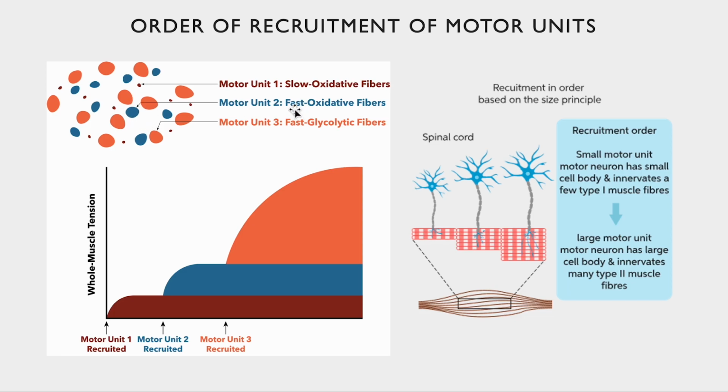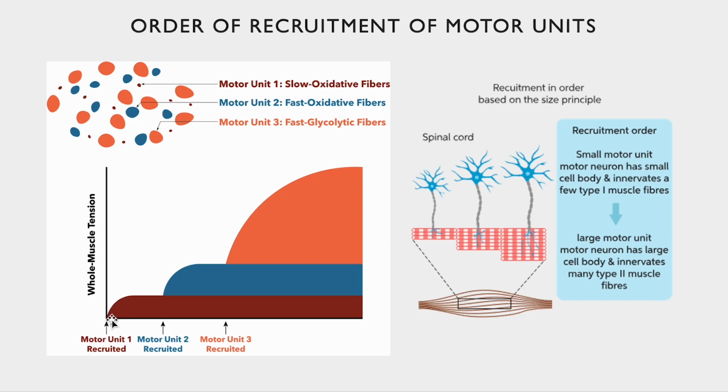Okay, these in blue contain a mixture of fast fibers, which are glycolytic, and oxidative fibers, which perform aerobic respiration. And then we have the motor units 3, which are very large, that contain mostly fast glycolytic fibers that perform mostly anaerobic respiration. So if we use them, we are going to produce tons of lactic acid.